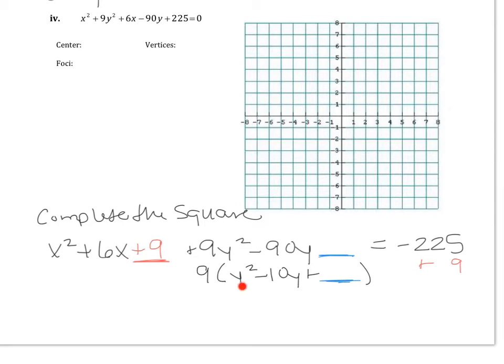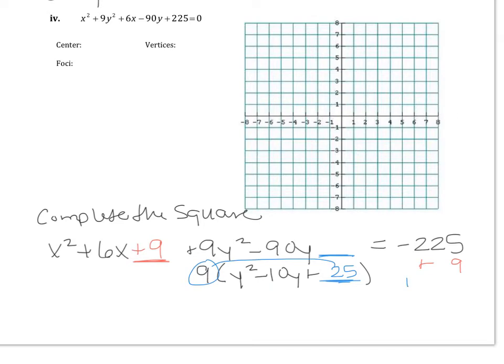Again, you should remember this from algebra 2. We can complete the square right here on this. Right, y squared minus 10y, if I take half of 10, it's 5. And I square that, I get 25. But now, when I add, what did I actually add on the left side? I actually added, remember, 9 times 25 on the left side.